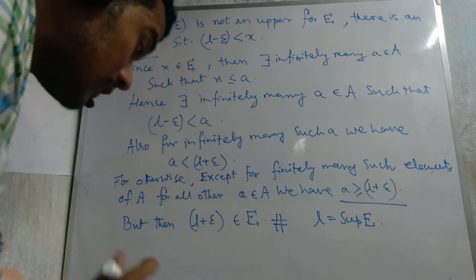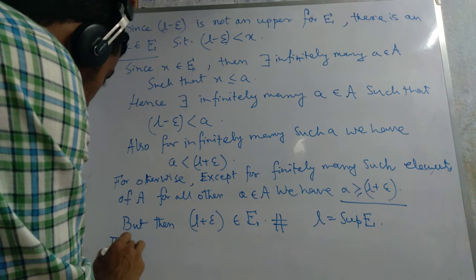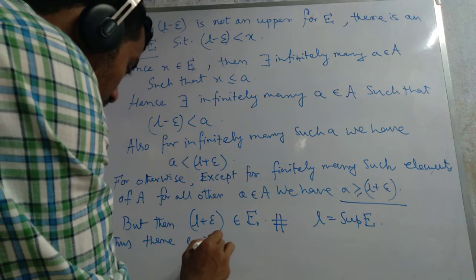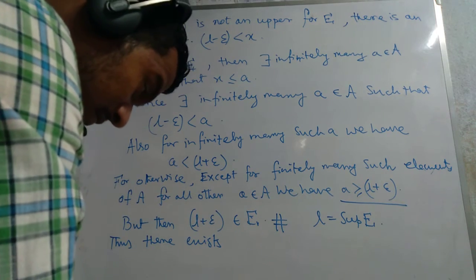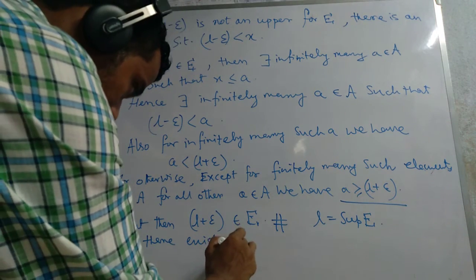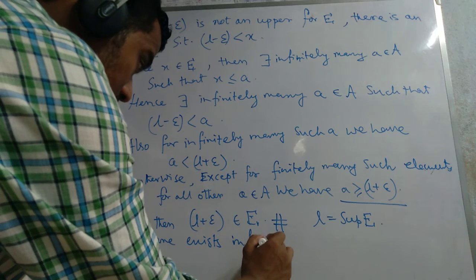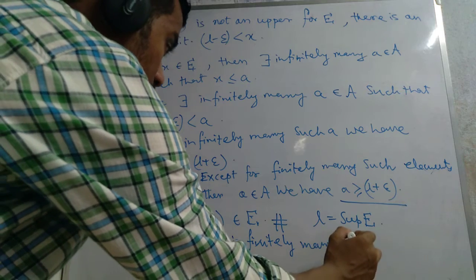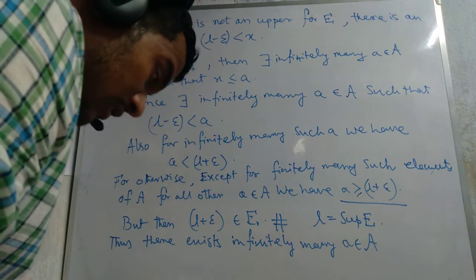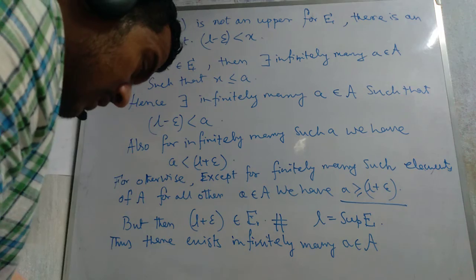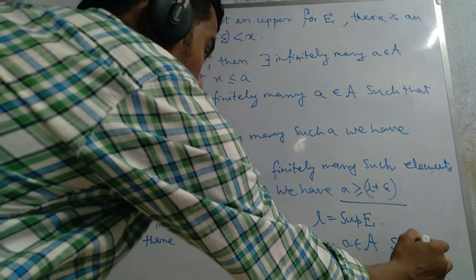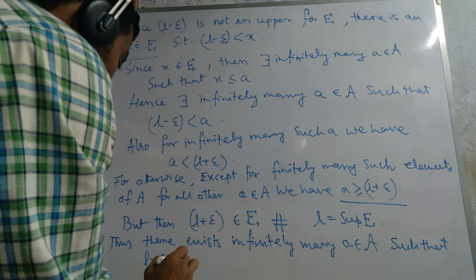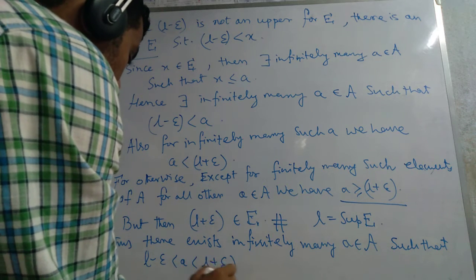So what we find is there exist infinitely many a belonging to A such that L − epsilon < a < L + epsilon.